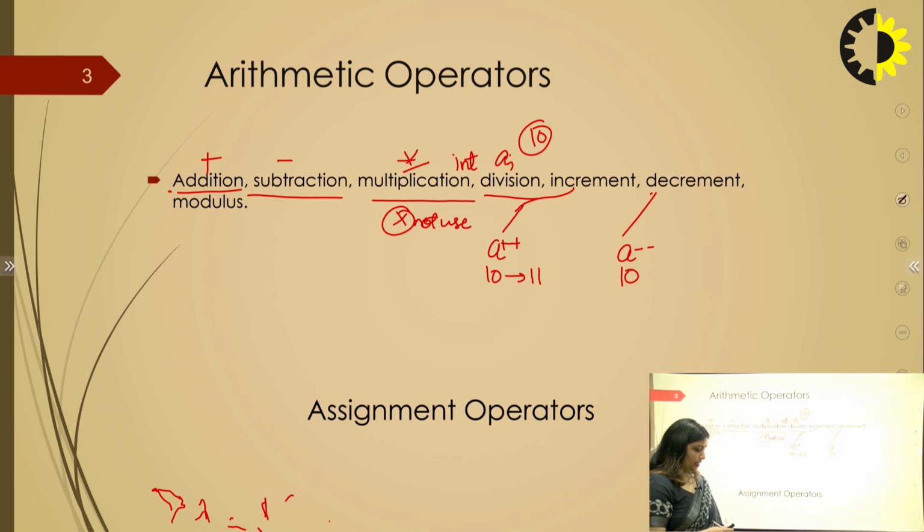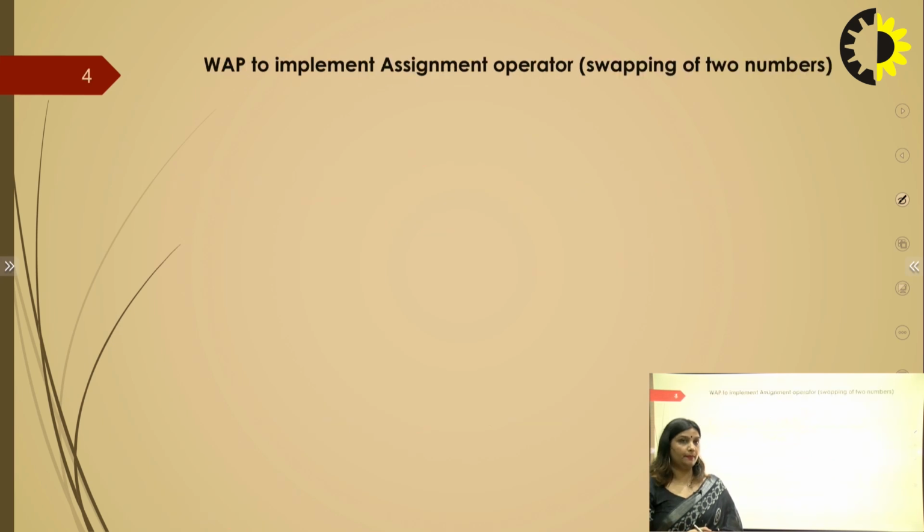Assignment operators. For assignment operators, we use the equal symbol. This symbol doesn't mean that one variable is equal to another variable. It means that the value is assigned from one variable to another variable, or from a constant to the given variable. So let's understand the assignment operator with swapping of two numbers.